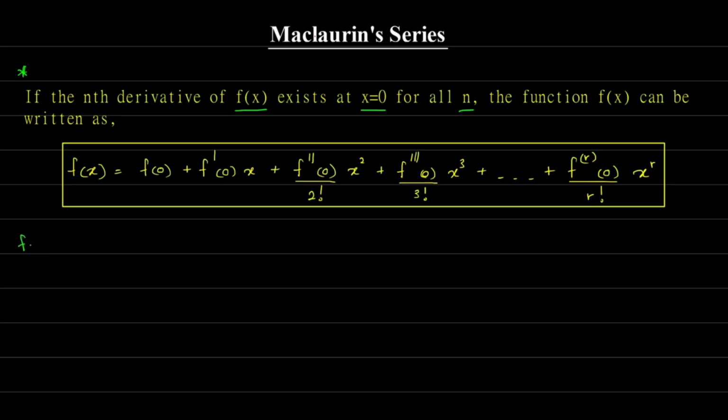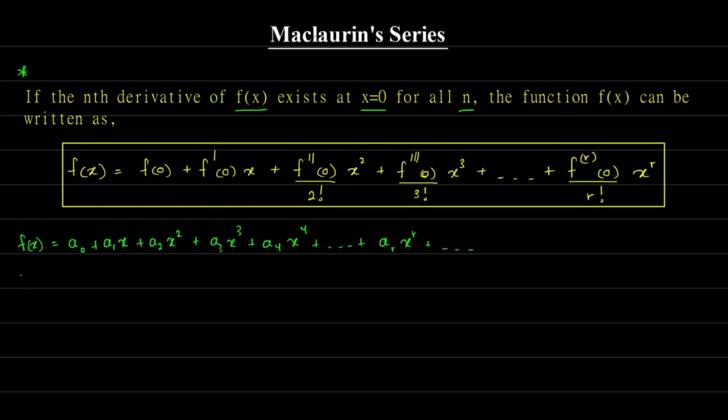That means that f(x) can be written as a0 plus a1 x plus a2 x squared plus a3 x cubed plus a4 x to the power 4 plus, and that keeps on going until ar x^r plus, and then you can still continue this endlessly, and the longer the expansion, the more accurately you're going to represent the original function using your polynomial. So let's say that this function can be expressed like this.